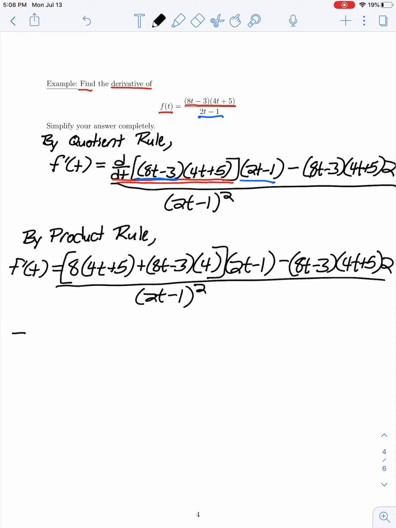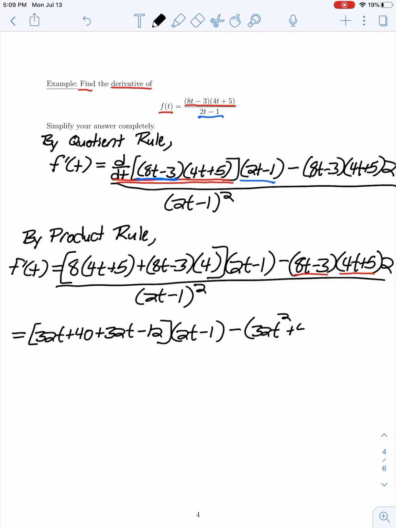So within these square brackets in the numerator, expanding, we have a 32t plus 40 plus 32t minus 12, all times 2t minus 1, minus, if we expand the product of 8t minus 3 with 4t plus 5, we have 32t squared plus 40t minus 12t minus 15, which is then all being multiplied by 2.